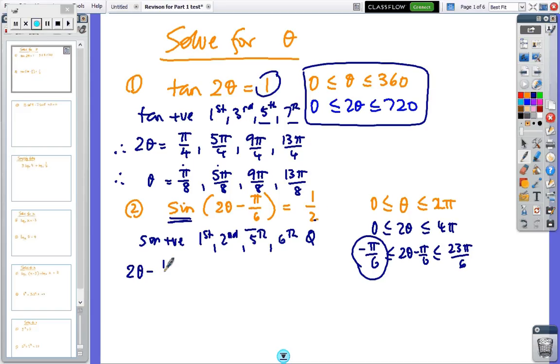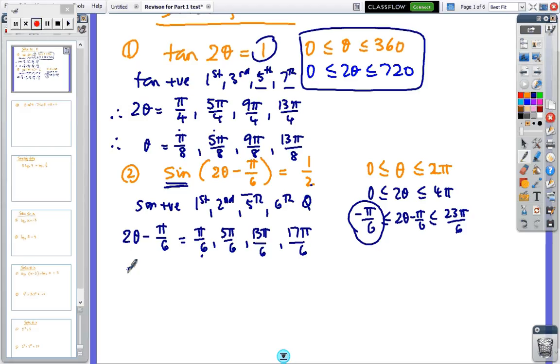So 2 theta minus pi on 6 equals pi on 6, 5 pi on 6, add 12, so that's 13 pi on 6, add 12, 17 pi on 6.